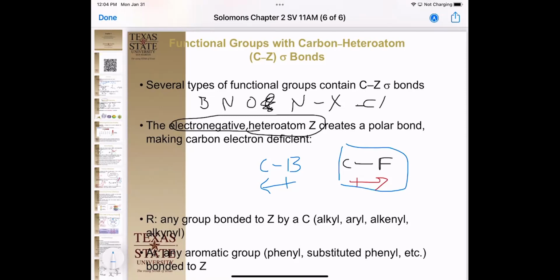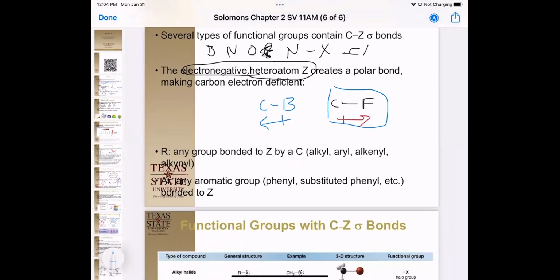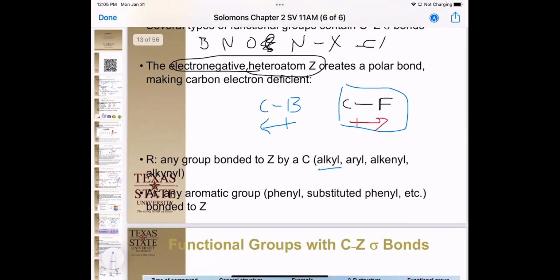Okay, so in the case here, we can have our R group be anything: alkyl, aryl, alkenyl, alkynyl, doesn't matter. That functional group is what we're going to be usually naming it for. And when we have an aromatic group, when we have that benzene ring, it's usually a substituent, okay? And when we call it a substituent, we call it the phenyl ring, because it's got the YL.